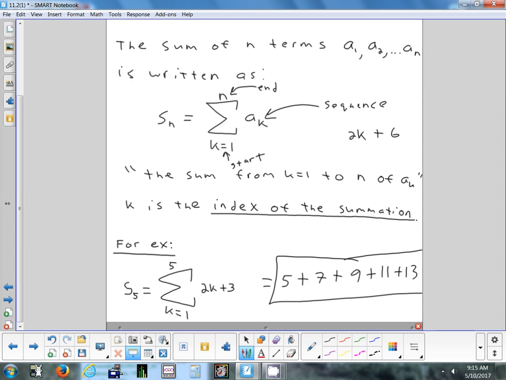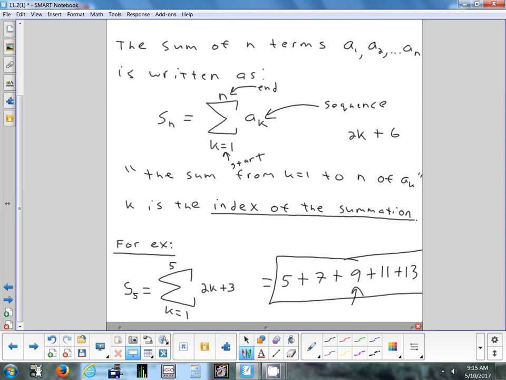Does anyone know how I did that in my head? I didn't really add those up. You put the 7, 13, 9, and 11. Well, the way I thought of it was 9 is right in the middle, and everything is symmetrically spaced around it. I have a number that's 2 lower and a number that's 2 higher. I have a number that's 4 lower and a number that's 4 higher. So really what I could do is think of it as an average.